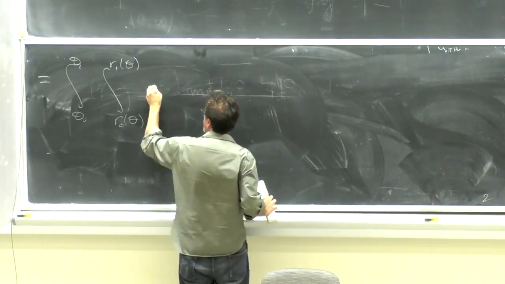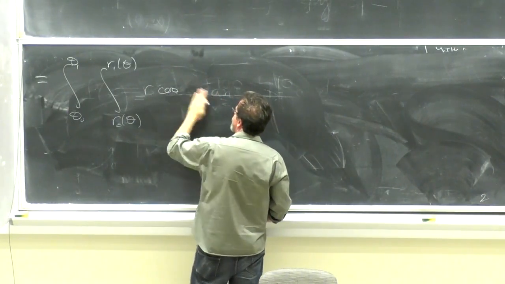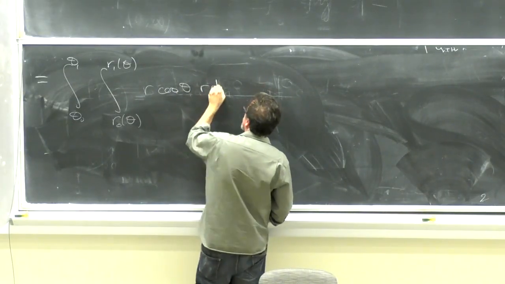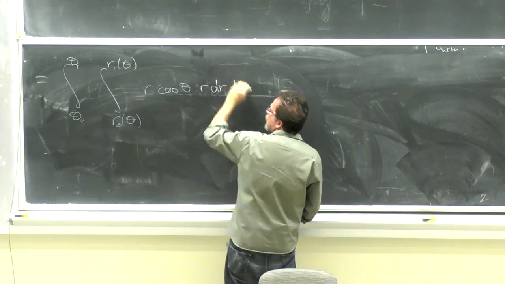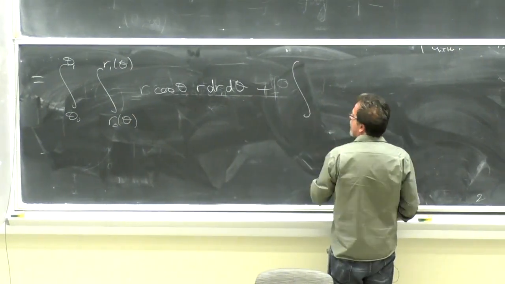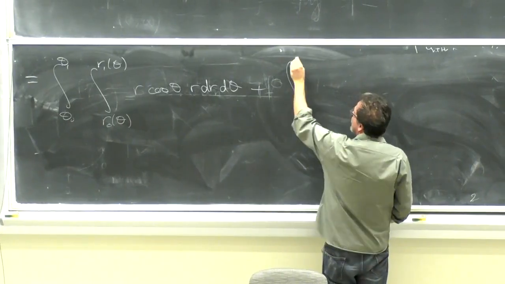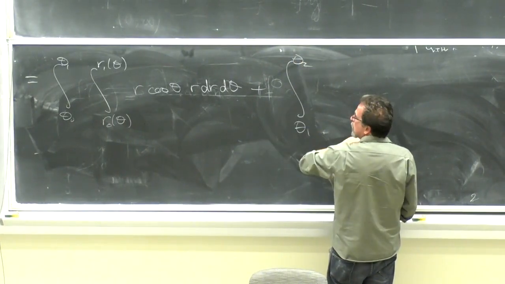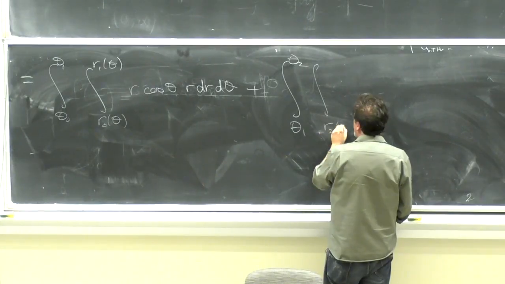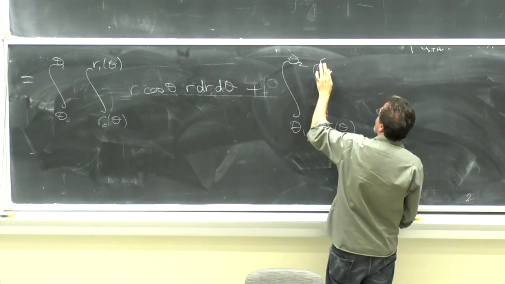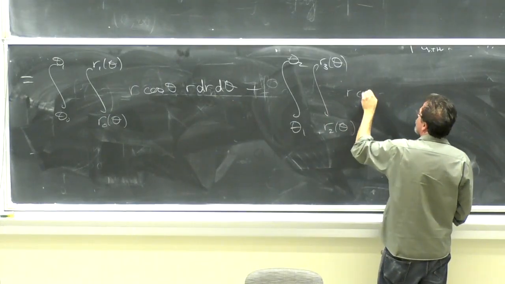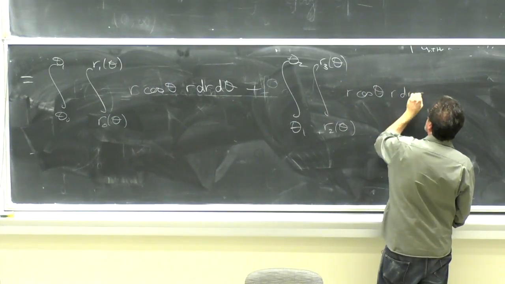You might be rolling your eyes at the notation, but I want to emphasize this is the first piece of the integral over that lower triangle, and then I'm going to add another that goes from theta 1 to theta 2, and from some other r, which I'm going to call r2 of theta, to r3 of theta. You can hate me for all this notation. But nonetheless, that's the way it's going to work out.